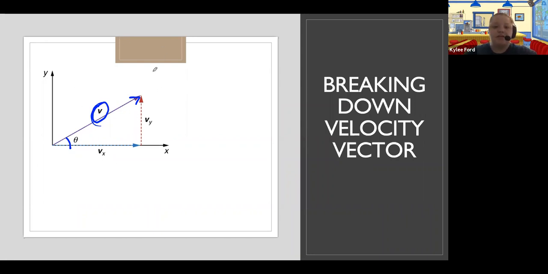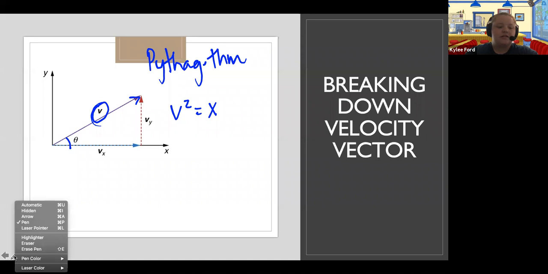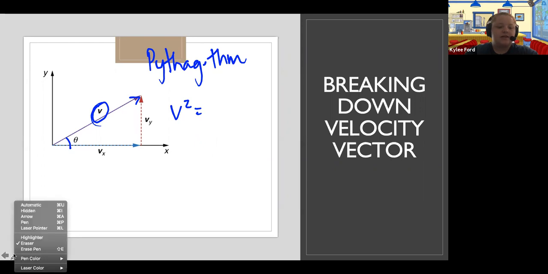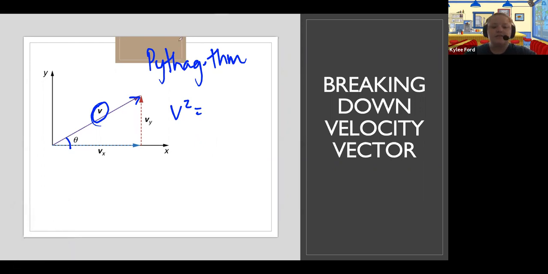So that would be using the Pythagorean theorem again. So I can say V squared is going to be equal to my X component, Vx, sorry about that. Get my pen back if I can. There we go. Vx squared, and then my y component, Vy squared.